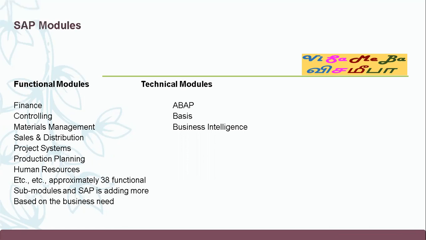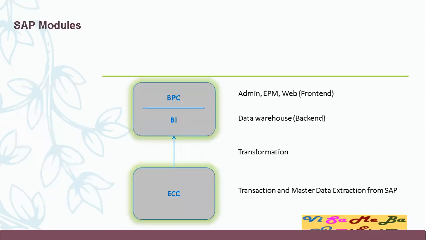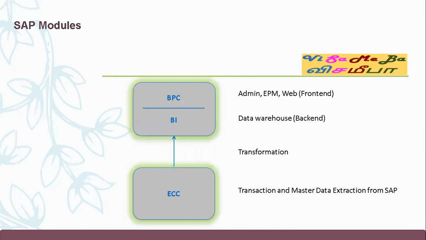Just like SAP ECC, we have SAP BI, which acts as a platform for other modules to be implemented upon. So these are some of the SAP modules. And as I've told you, ECC is one product of SAP. In the same way, BI or business intelligence or business warehouse is another product of SAP.